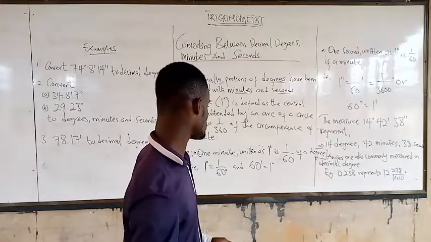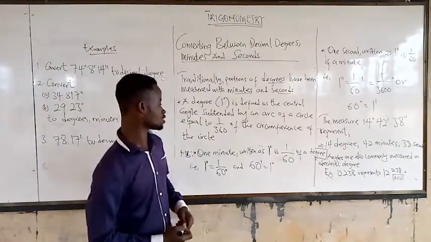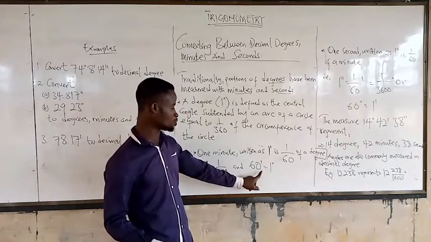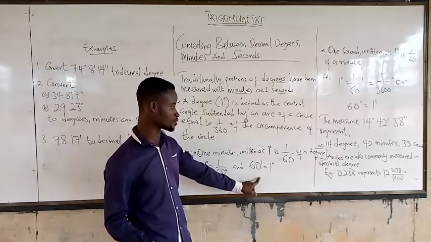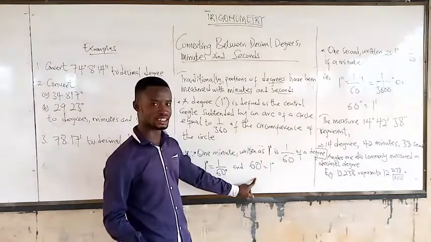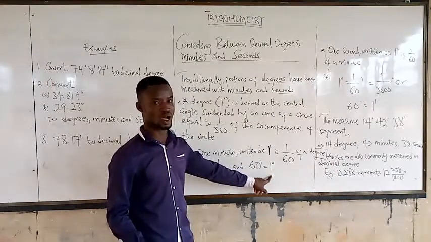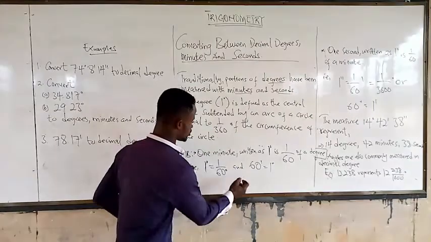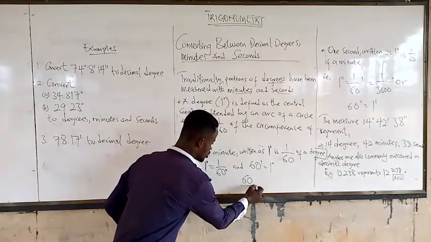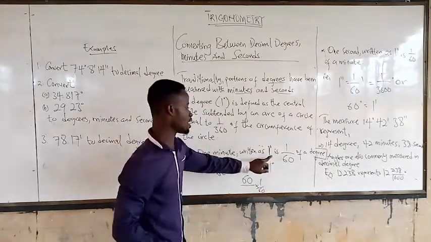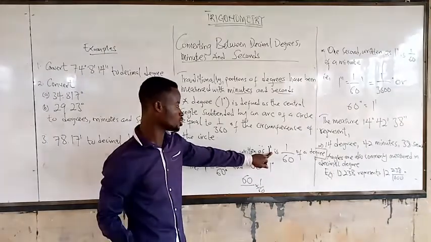The reason is that you just multiply it by 1 over 60 to get it in degrees. So when you multiply 60 minutes by 1 over 60, you are going to get 1 degree.